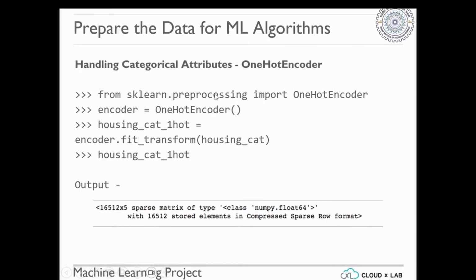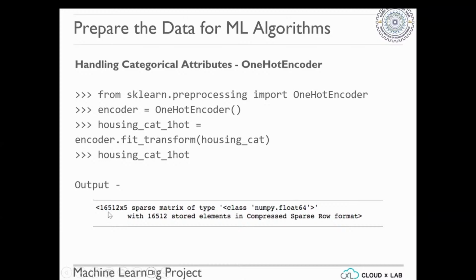If you import OneHotEncoder from scikit-learn.preprocessing, it will give you the one-hot encoding, but as a sparse matrix representation, in compressed sparse row format.